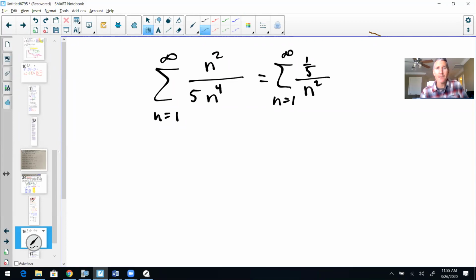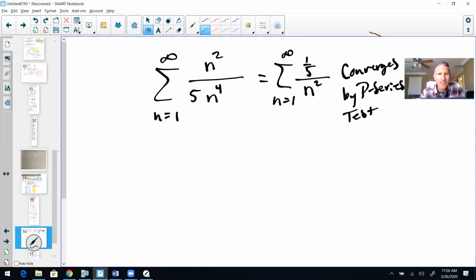So you could bring that n squared term down to the denominator and have it be n squared. And so this, we know, converges by the p-series test because p is equal to 2, so p is greater than 1, okay?